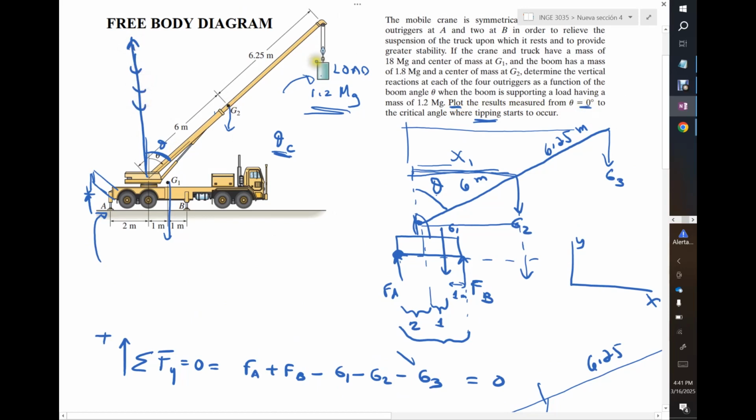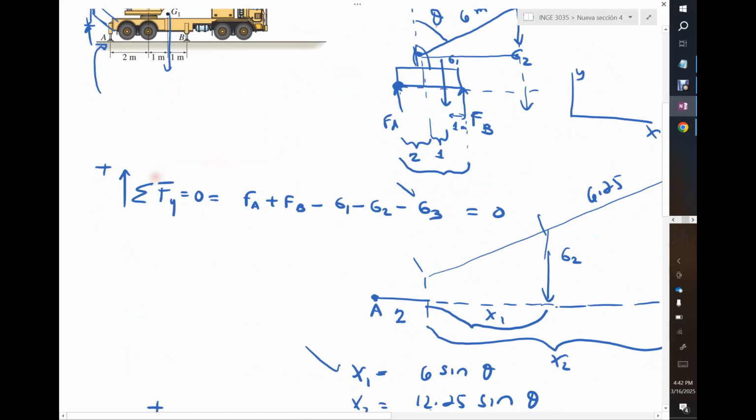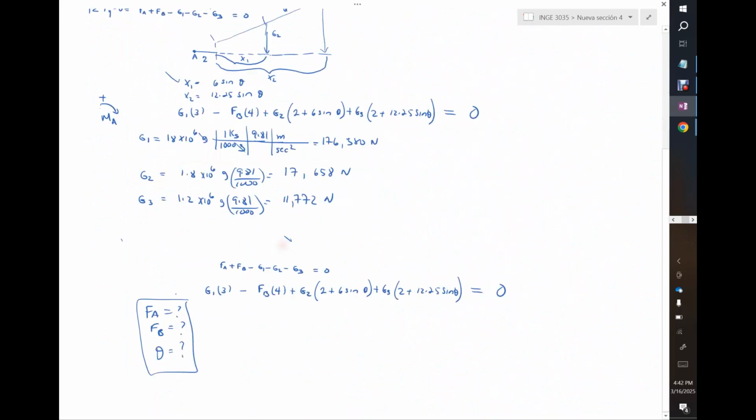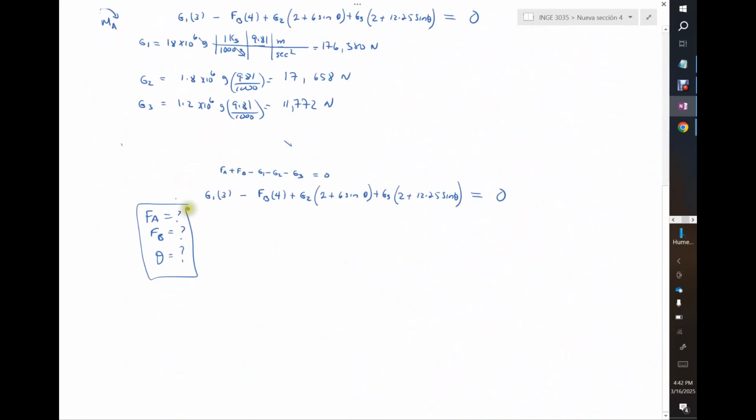The load G2 and this load as well. But that would be 0, and then this will increase until you get the critical theta, at which the force in A will disappear. There's not going to be force in A. So that is the hint that when we are looking for that critical theta, the real unknowns are FB and theta critical. So we have 2 equations to deal with that, and that can be solved.